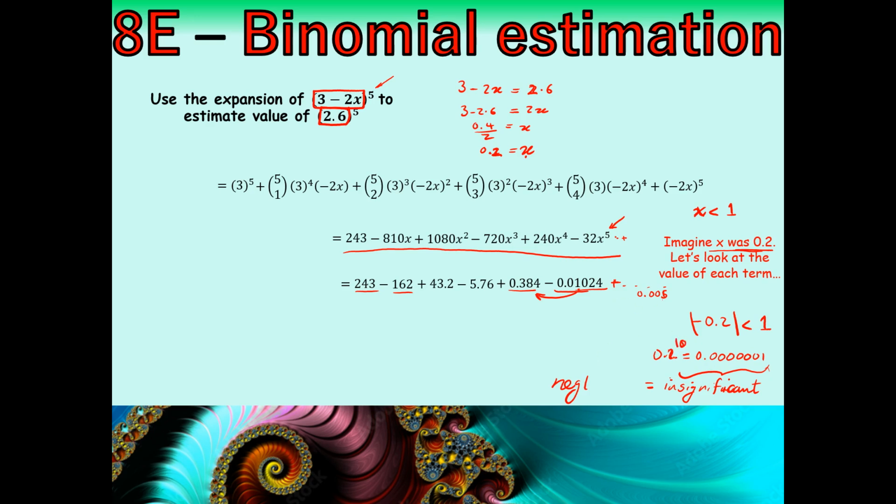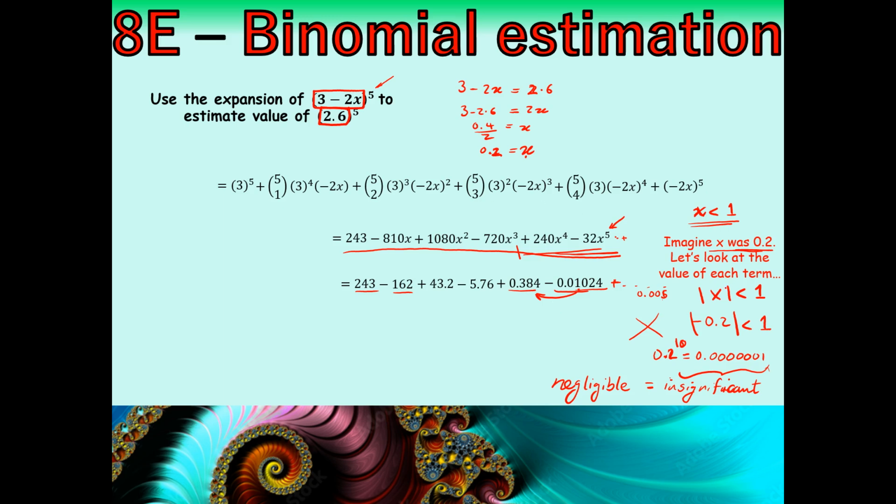Maybe a power of 10 is an extreme value, but negligible. Any power usually after the cube is going to be negligible if the absolute value of x is less than 1. If it's more than 1, it won't work, so be careful.